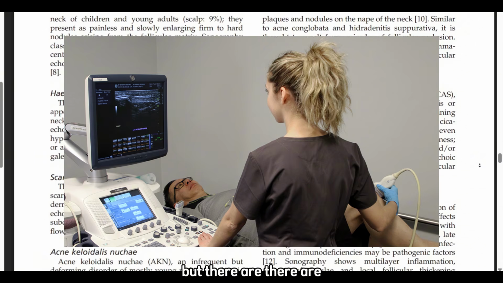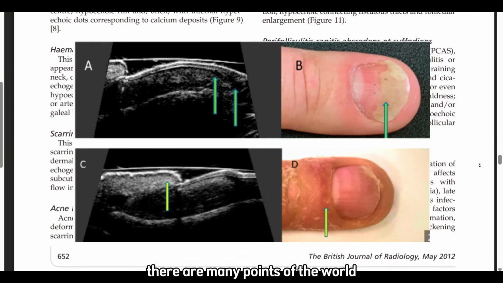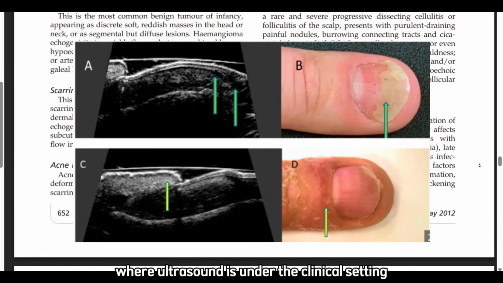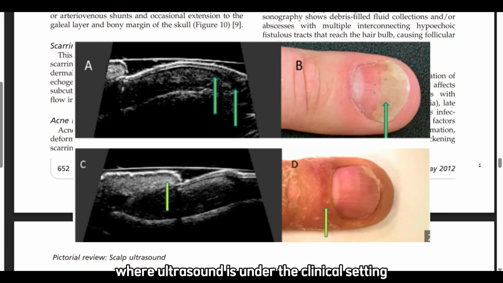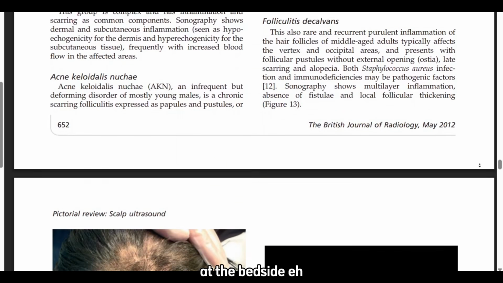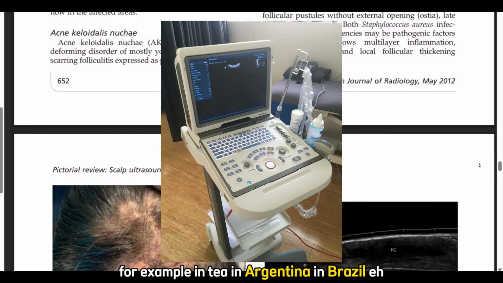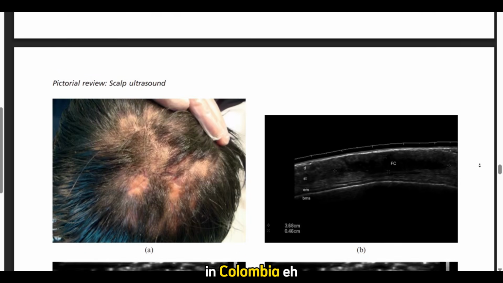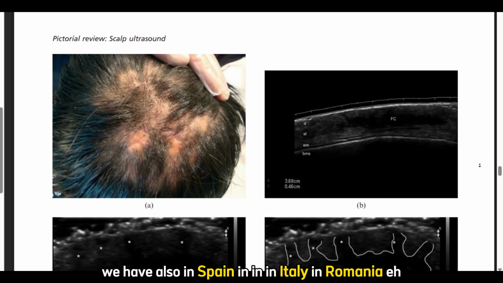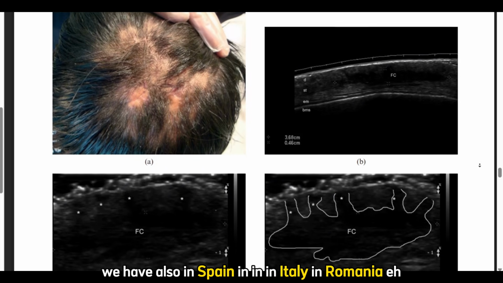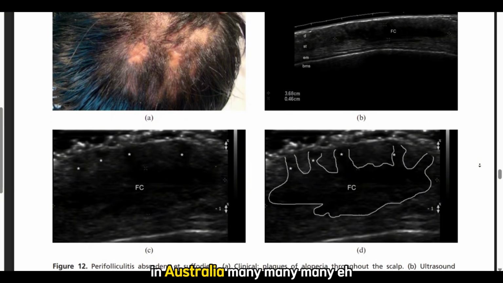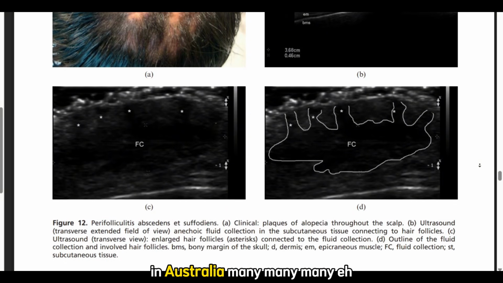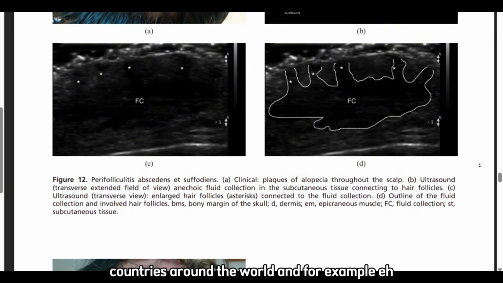But there are many points of the world where ultrasound is used in the clinical setting at the bedside. For example, in Chile, in Argentina, in Brazil, in Colombia, and also in Spain, in Italy, in Romania, in Australia, many countries around the world.